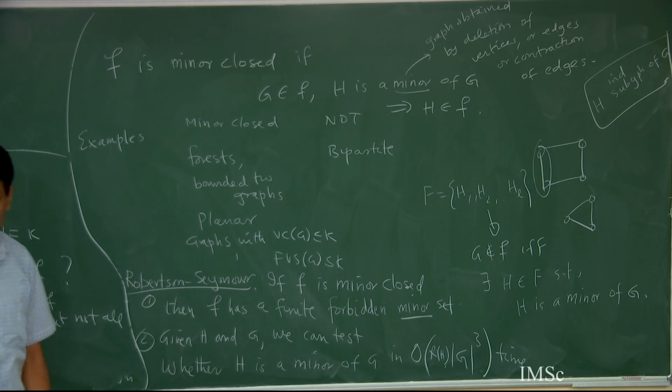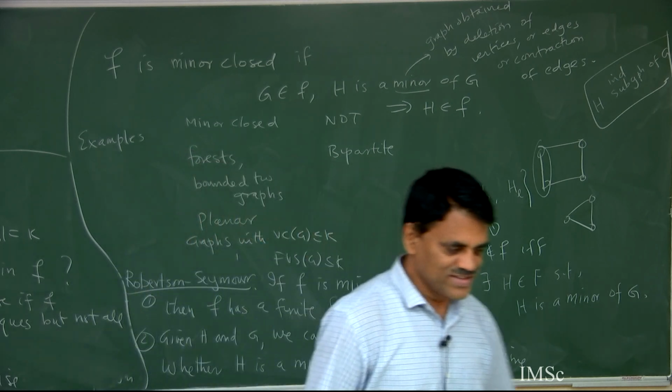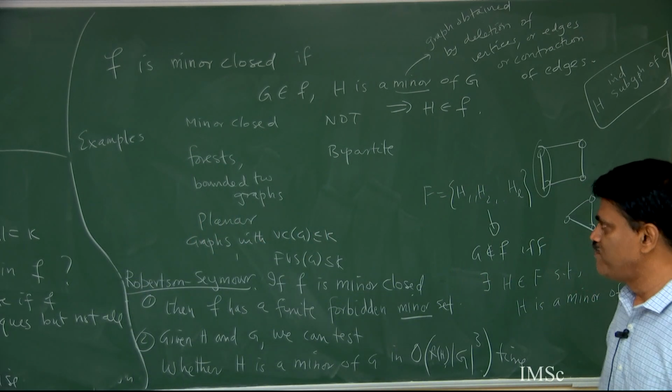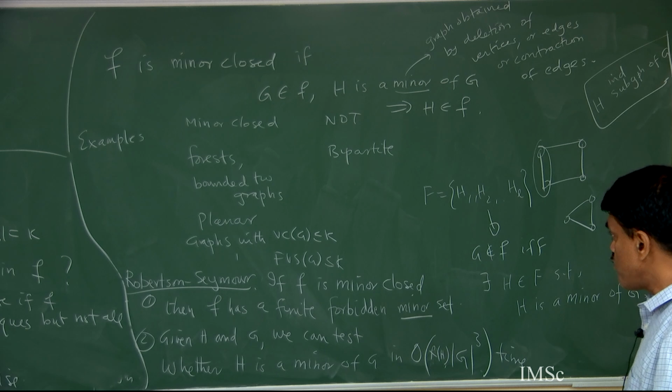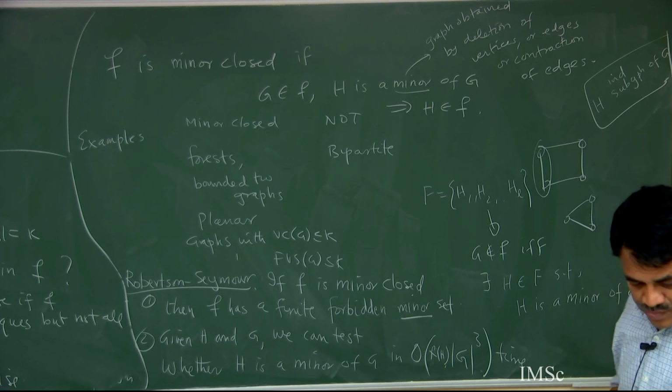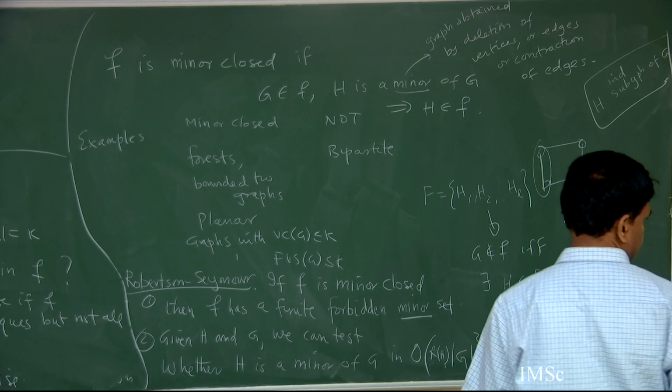Now I claim that these two theorems give you a way of coming up with an FPT algorithm for problems. It's a very big classification tool. How is that?